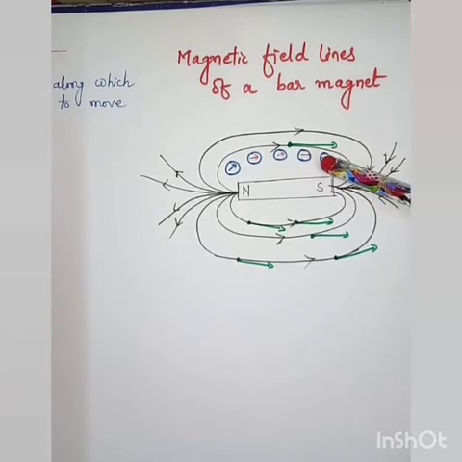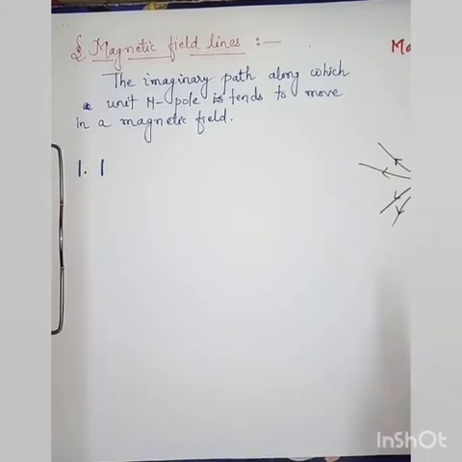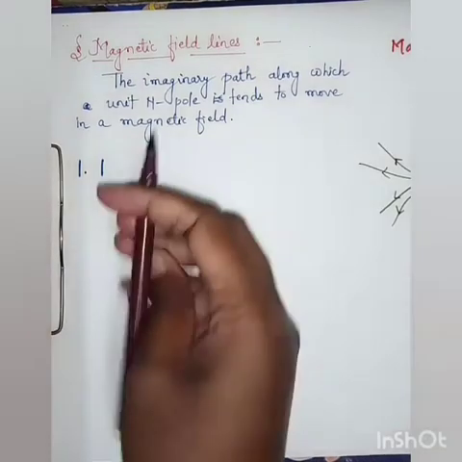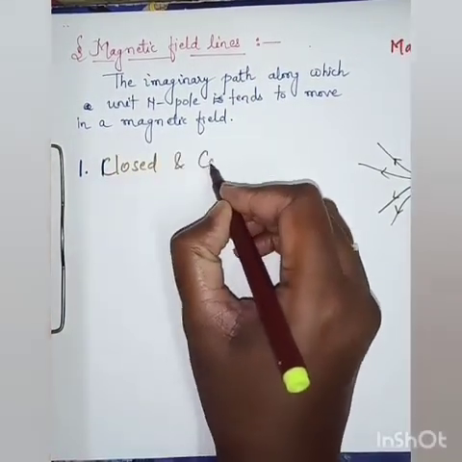Now we will see the properties of the magnetic field lines. The first property we observe is that the magnetic field lines are closed and continuous curves.